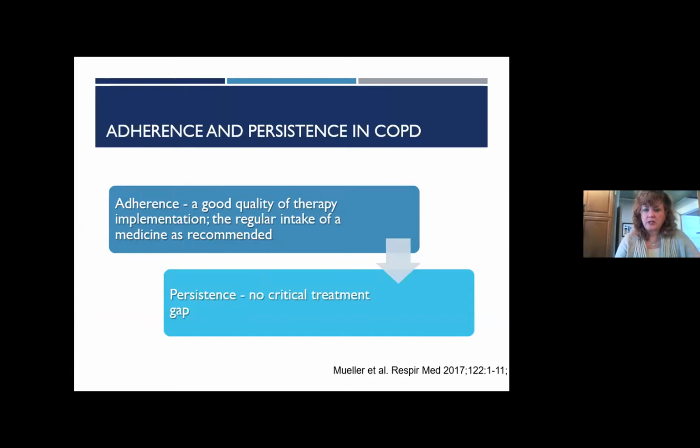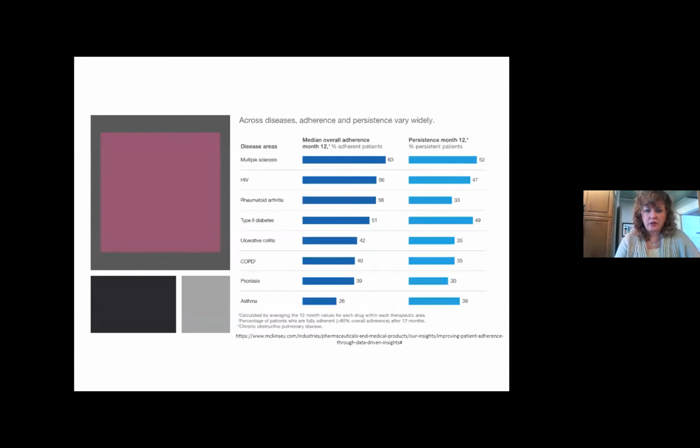So just to show you a little bit about this particular issue of adherence and persistence in COPD, I do want to talk a little bit about what we're seeing in large data sets. Adherence is a good quality of therapy implementation, meaning there's a regular intake of medicine as recommended, with persistence being no critical gaps in that treatment period.